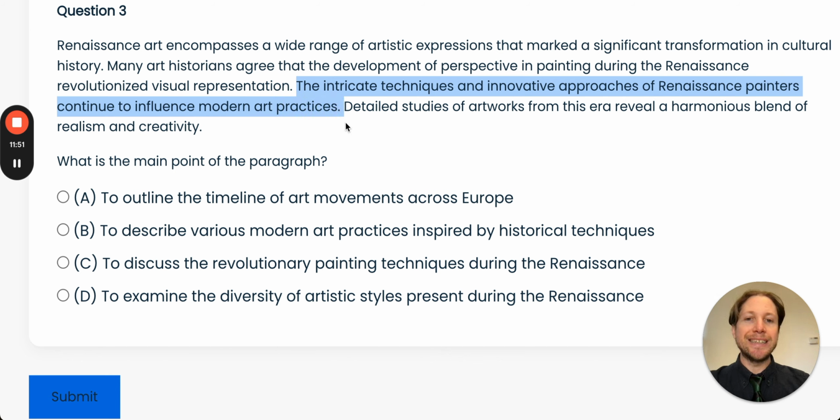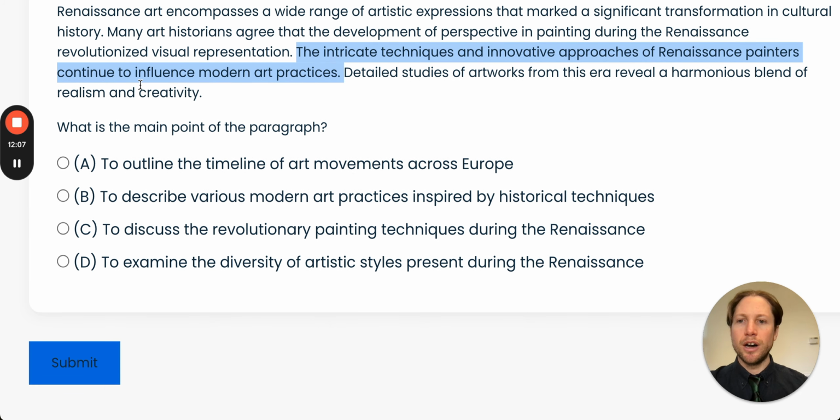And this is a specific message that the author wants to convey. It's within the Renaissance painters, they had this special technique that was developed during that time. So let's see if there's an answer option about some type of technique, modern practices from the Renaissance painters.